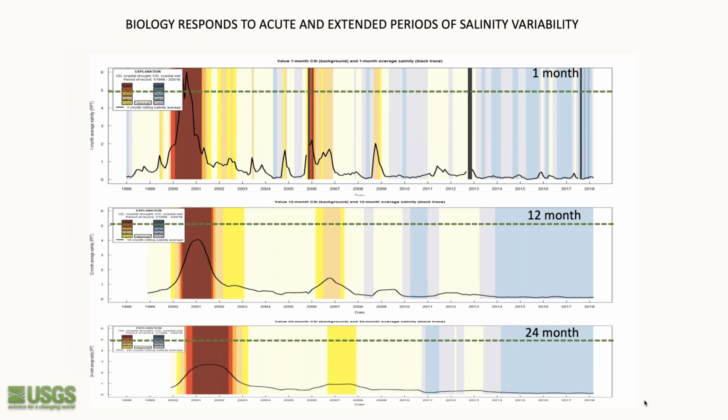But it shows that it extends for a longer period, and the biology might respond to a 1 month acute event or a 12-month chronic event. And so the CSI allows us to look at those differences. Next slide.